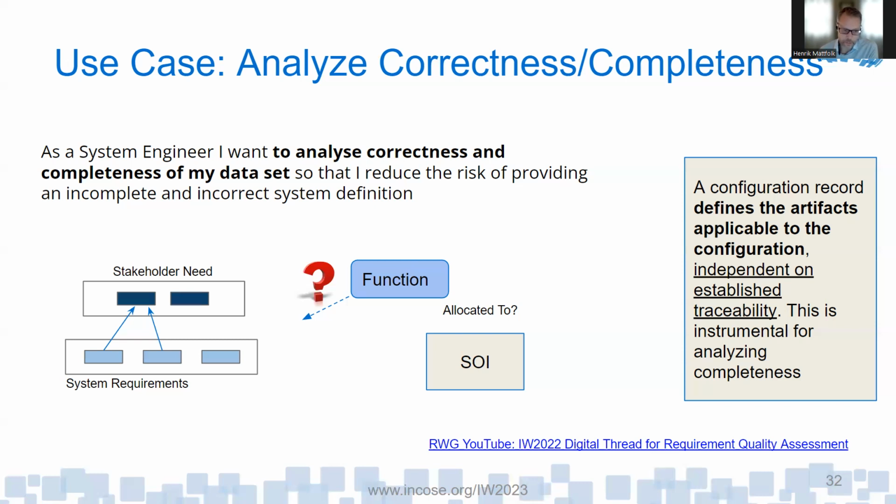It's not enough to just know which artifacts apply to a configuration. I think in the previous presentation, I liked that illustration where the connections between the artifacts were changing from just having information to knowledge and wisdom. Yeah, that is what creates your wisdom at the end of the day.